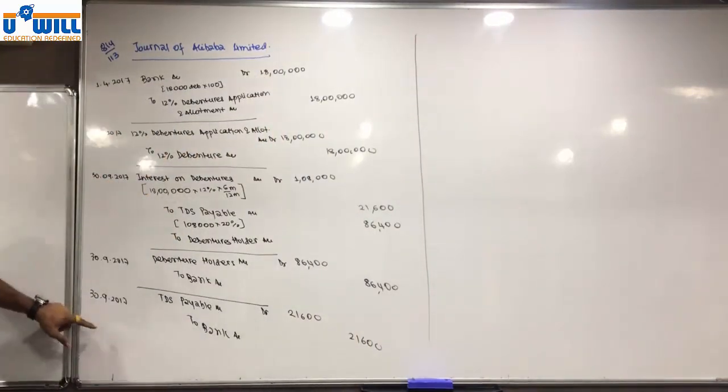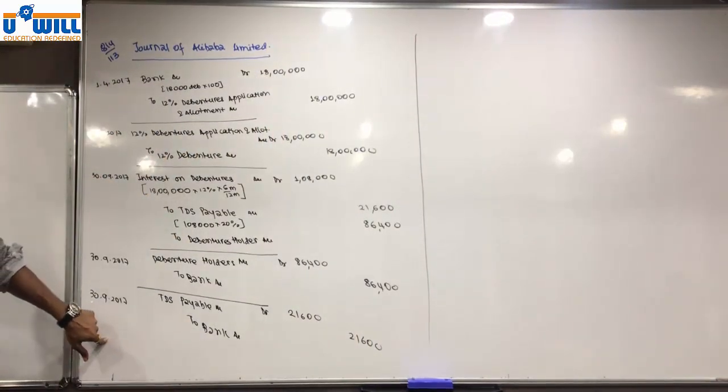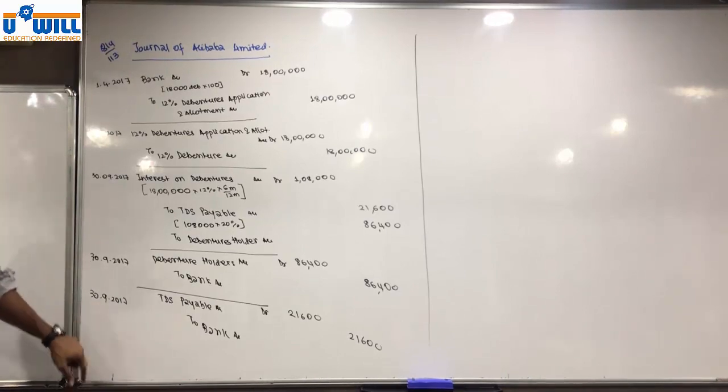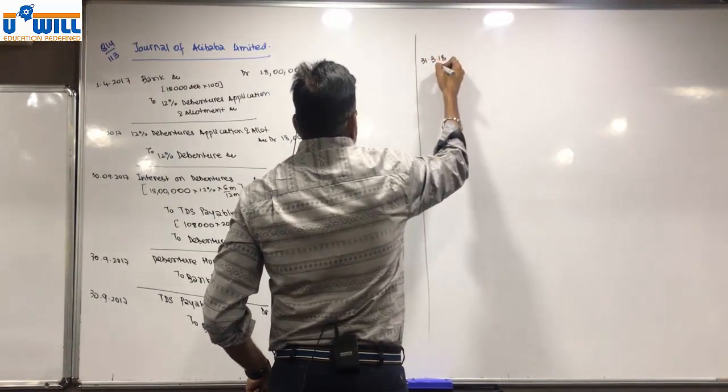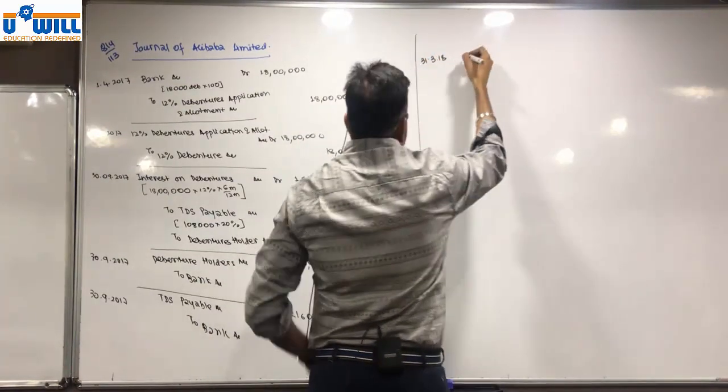After 30th September 2017, what is the next date? 31/3/2018. Again interest, so similar entry.